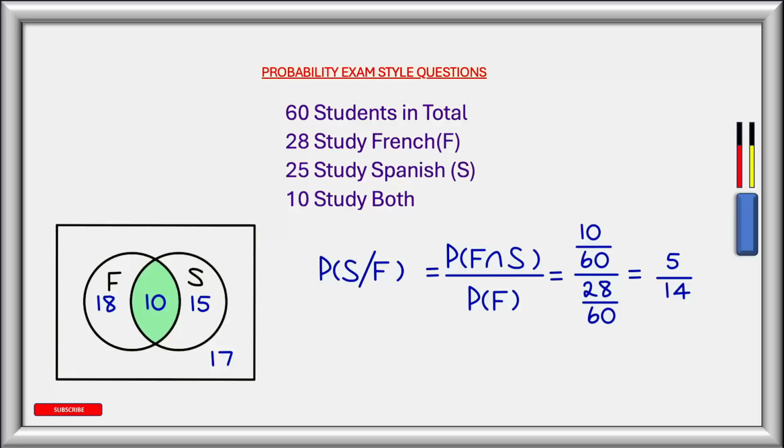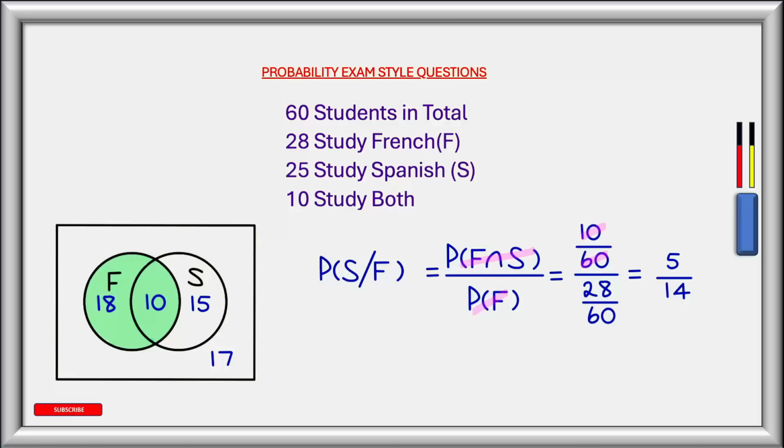So on our Venn diagram, the probability that a student studies French and Spanish, so the intersection of French and Spanish, is shown by the green shaded region. So we see that there are 10 students that study French and Spanish. So if we divide 10 by our sample space of 60, we get this probability. And the probability that a student studies French is shown by the green shaded region on the Venn diagram.